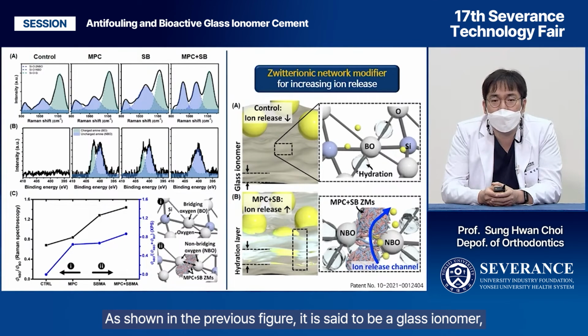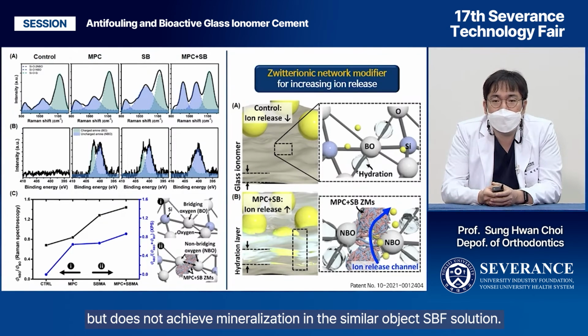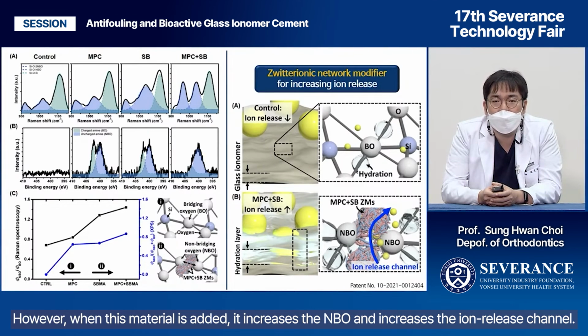As shown in the previous figure, glass ionomer is a bioactive substance that can release ions, but does not achieve mineralization in the simulated body fluid, SBF, solution. However, when this material is added, it increases the NBO and increases the ion release channel.